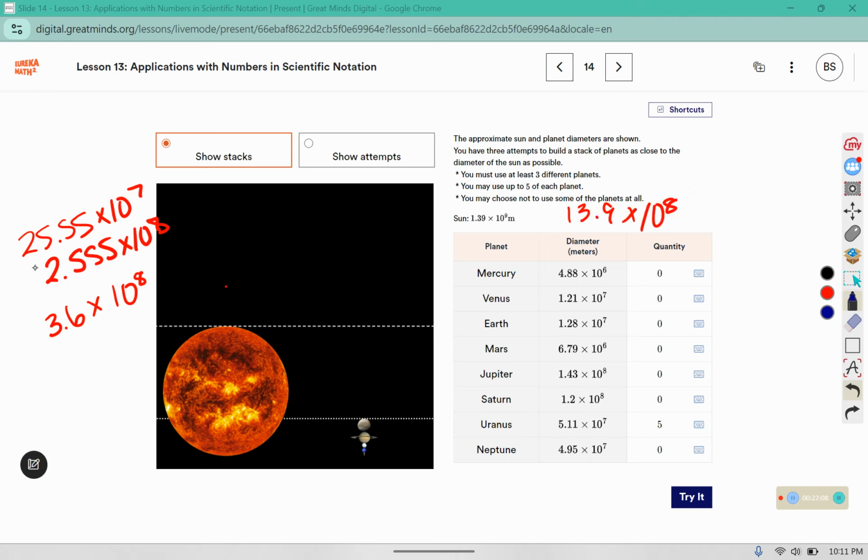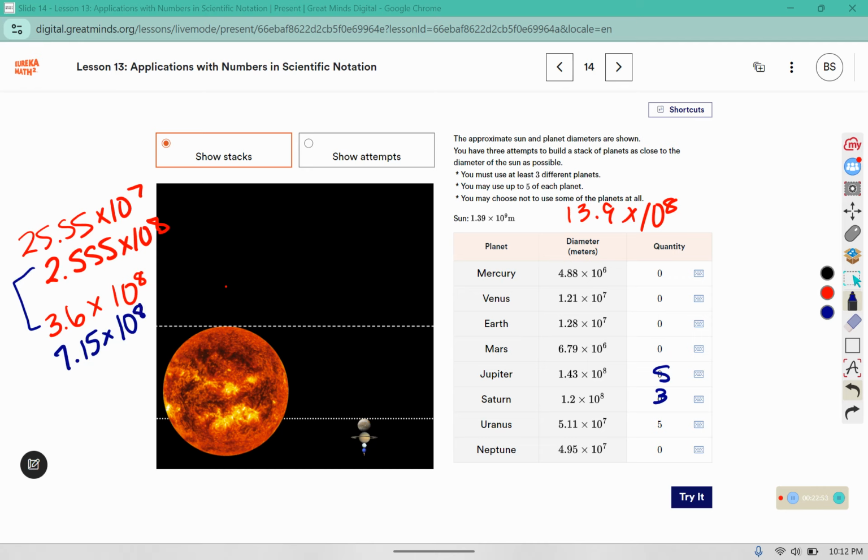If I combine these two right now, 2.555 and 3.6 together, that gives me about 6. But I'm trying to get to 13. So 6 plus about 7 more would give me 13. So I need to change 1.43 into a 7. So I'm thinking if I use 5 of those, I use 3 of these, 5 of those, 5 times 1.43 is 7.15 times 10 to the 8th.